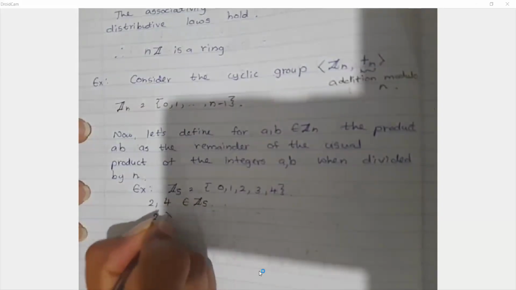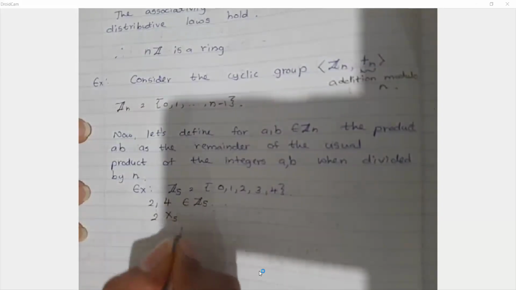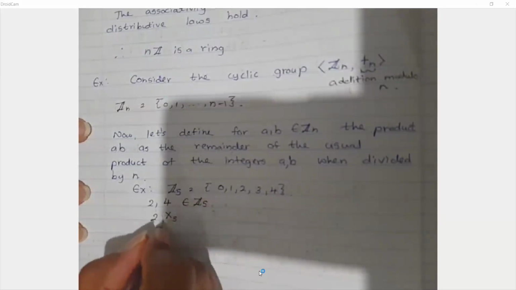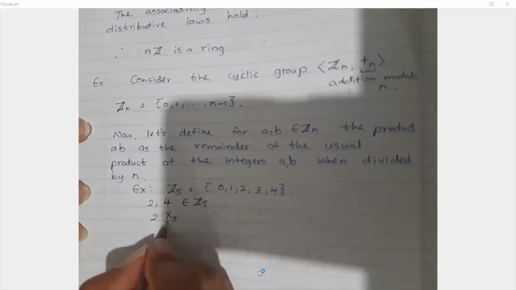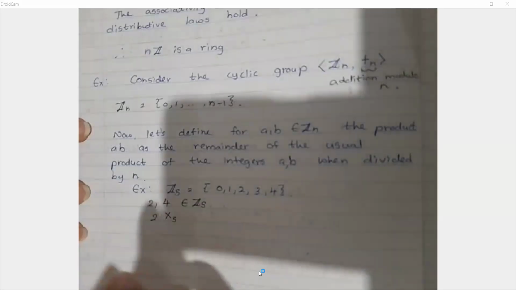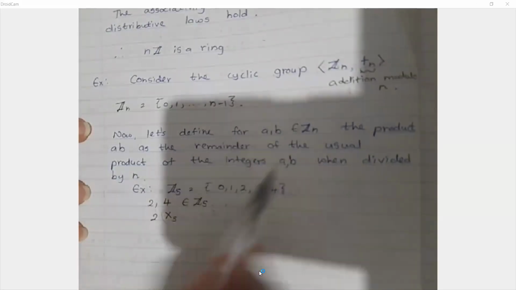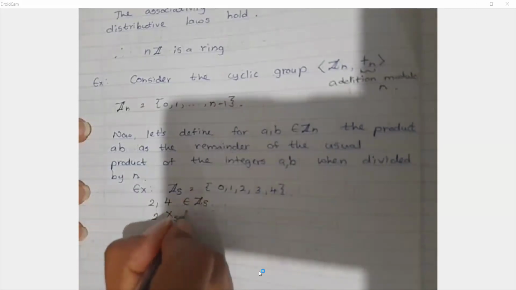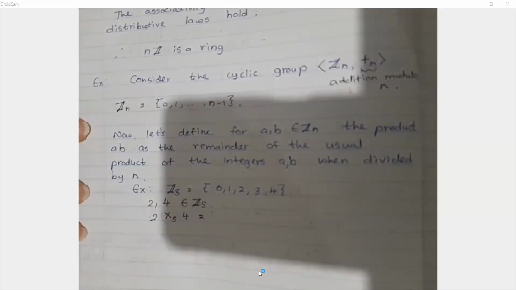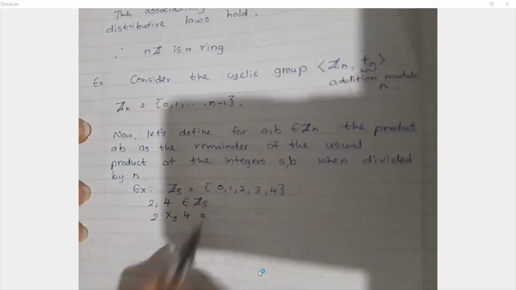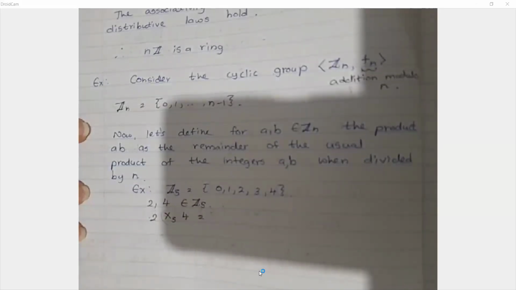I will write it as 2 times, and under this cross I will put 5. This is only to note down the definition given for multiplication. We take these two integers and multiply: 2 times 4 is 8. Now divide by 5 and take the remainder. The remainder is 3.